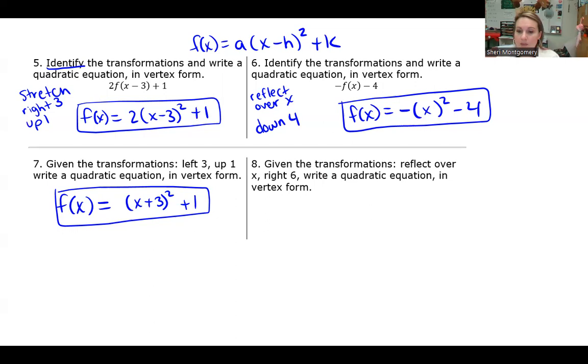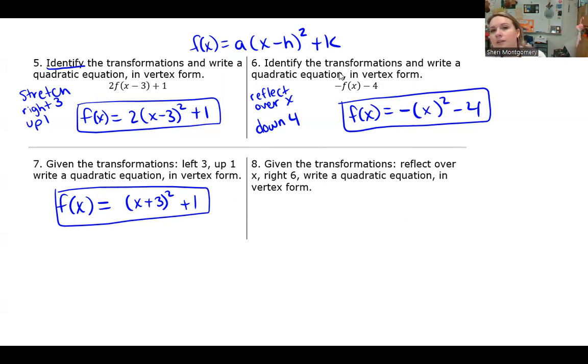This one says it's reflected over X. It's moving right 6. I don't know which number I put when it reflects, right? It has the X being reflected.